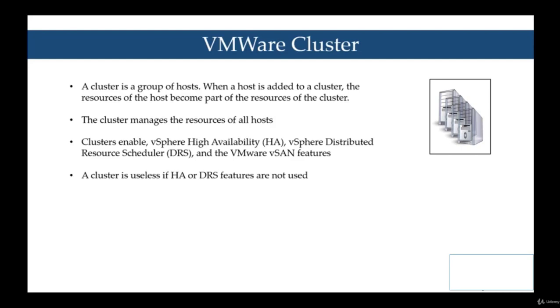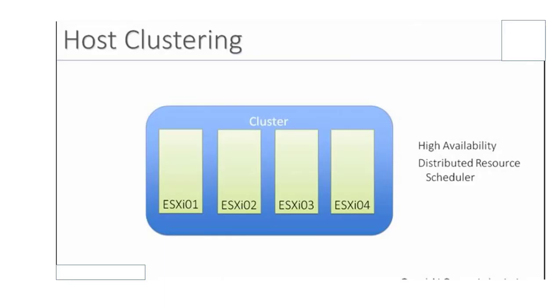When we enable clusters on our hosts, or add hosts into a cluster, we have advanced VMware features like vSphere High Availability, vSphere Distributed Resource Scheduler, which is often called DRS, and vSAN features. A cluster is useless if the HA or DRS features are not enabled. For enabling HA and DRS, we need to enable the cluster first.